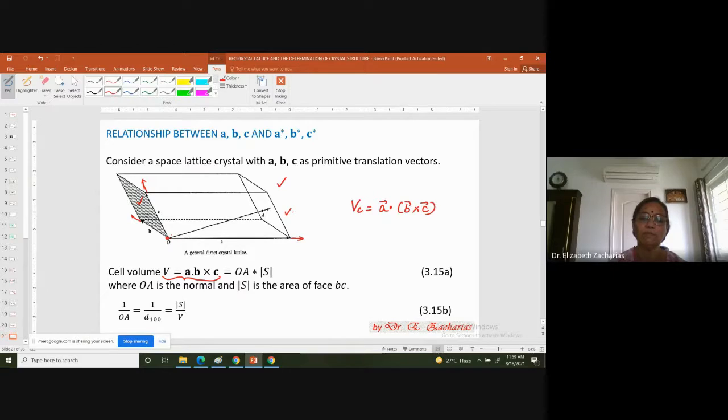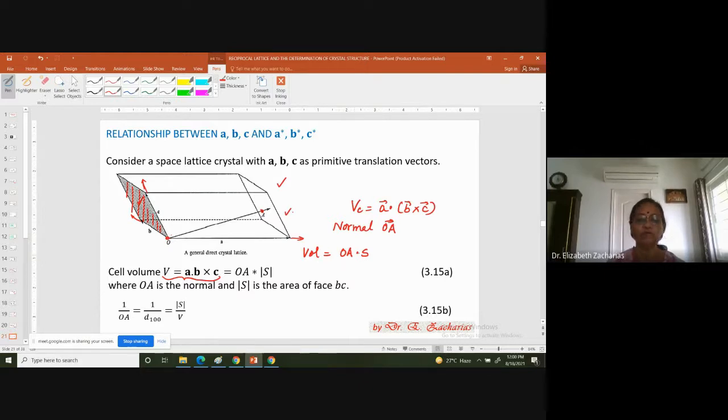Let that normal be OA. The normal that you are drawing from the plane BC to the parallel plane is OA. So if S is the area of the base, then the volume can also be written as OA into S, base into height.